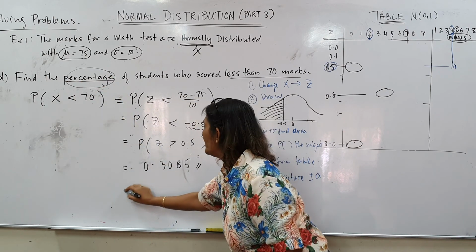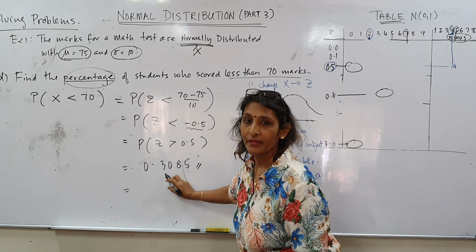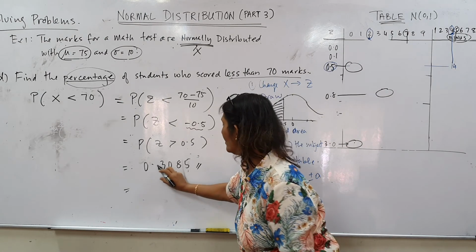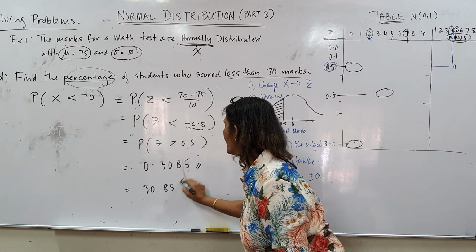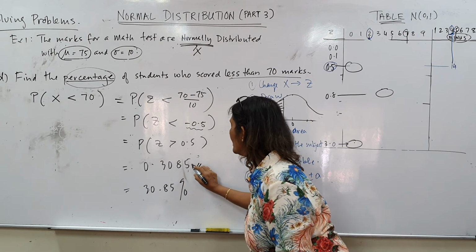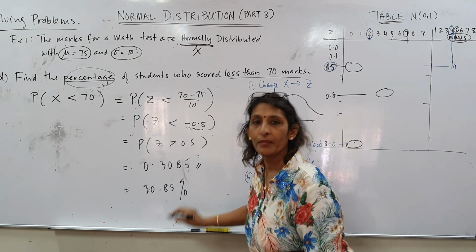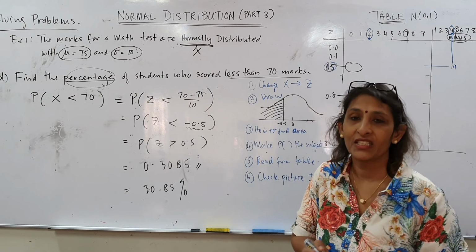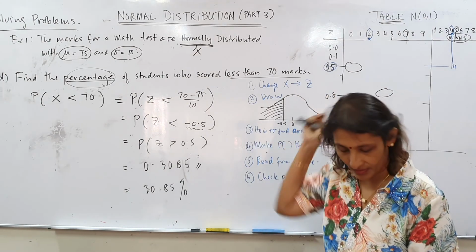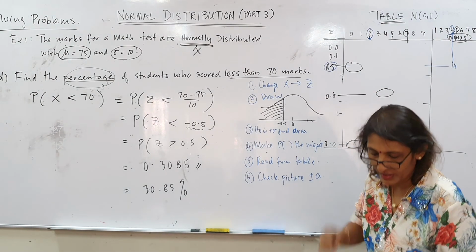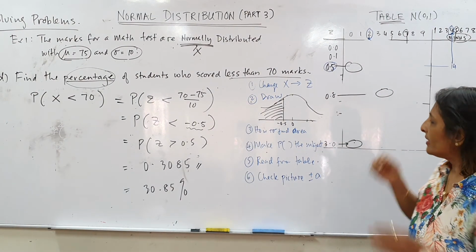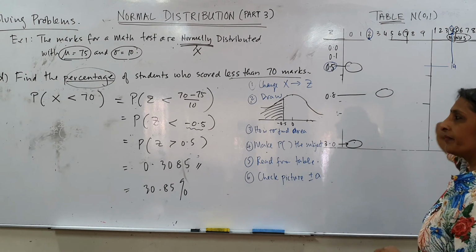So all you have to do is times 100 to make it percentage. So move the dot 1, 2. So it's 30.85%. Change the decimal to a percentage, and that's your answer. Okay? That means 30.85% of students scored less than 70 marks in the exam.